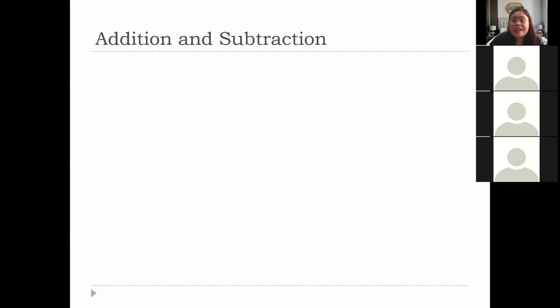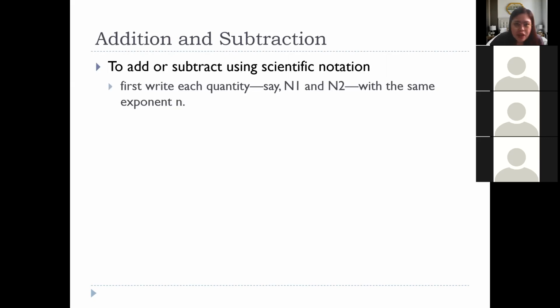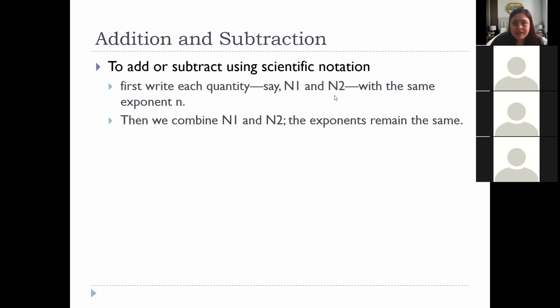For those na walang scientific calculator, let's talk about the addition and subtraction of given na naka-scientific notation. So we have here number 1, the rule to add or subtract using scientific notation. First, what are you going to do? First, write each quantity like the N1 and the N2. For example, naa tay duha ka given. So naa tay N1 and naa tay N2, and take note, kailangan the same ilahang exponent.